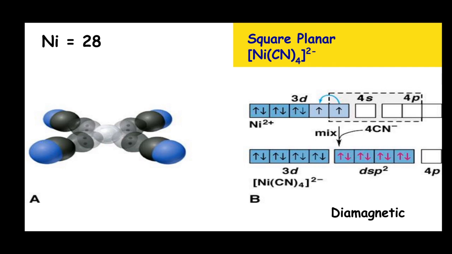These 4 dsp2 hybrid orbitals arrange themselves around central metal ion in square planar geometry. In these 4 hybrid orbitals, 4 cyano ligands with their lone pairs of electrons overlap to make coordinate bond. As there is no unpaired electron in 3d orbitals, this complex is also an example of diamagnetic complex.